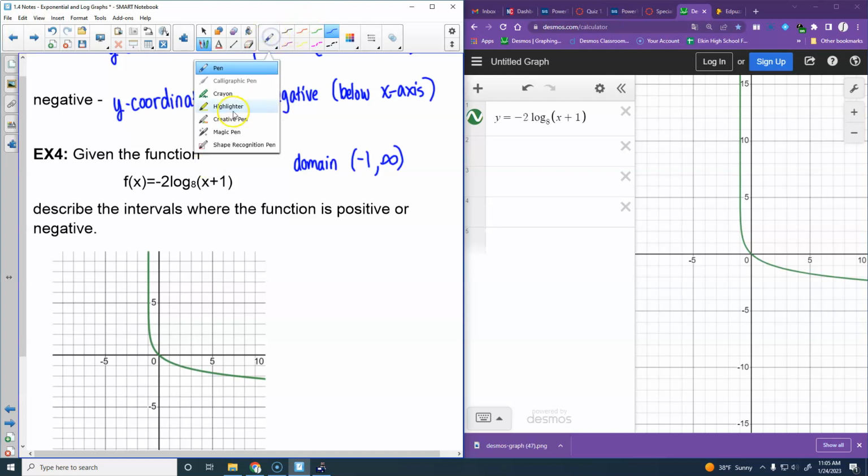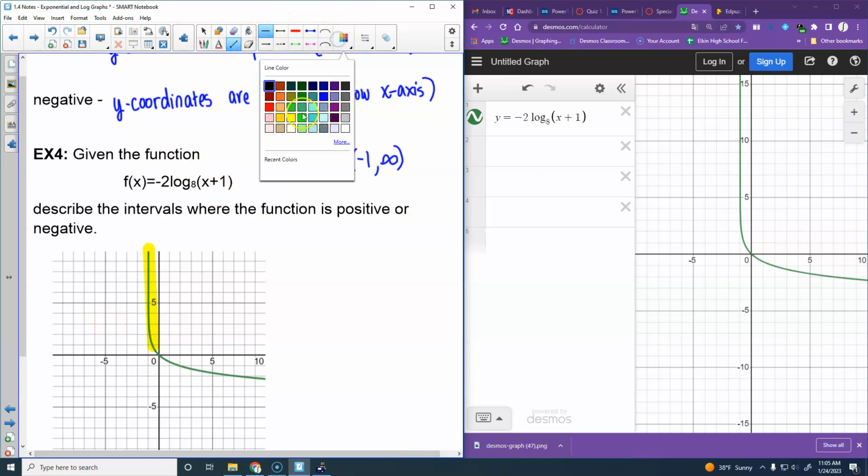So if we look at where our graph is above, we're looking at this section, right? But we're reporting the x values where this happens. So if you want to think about taking vertical lines and sectioning that part off. So if I'm taking vertical lines and sectioning that off, here, let me use a different color.